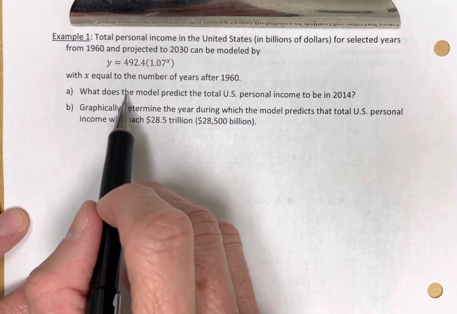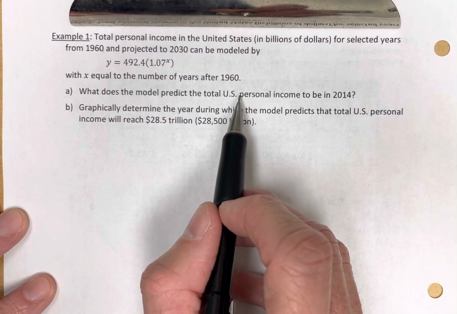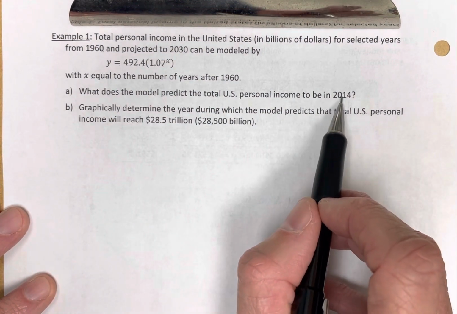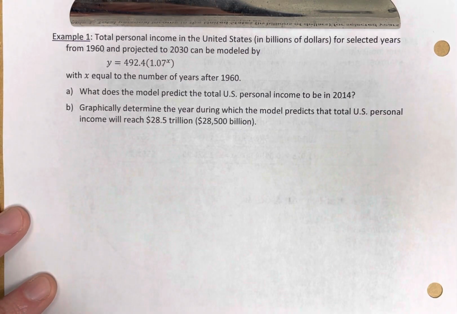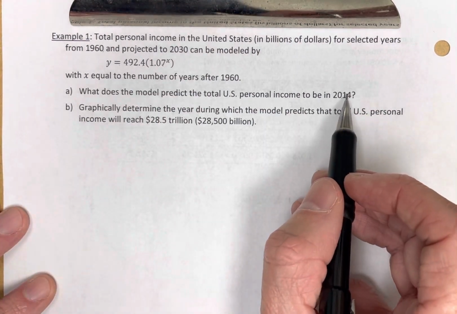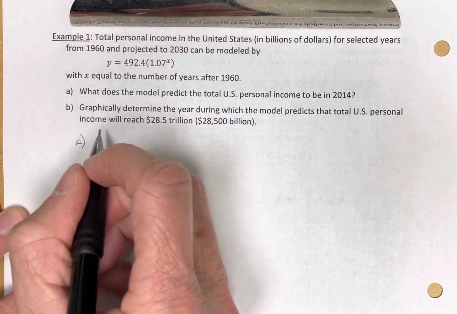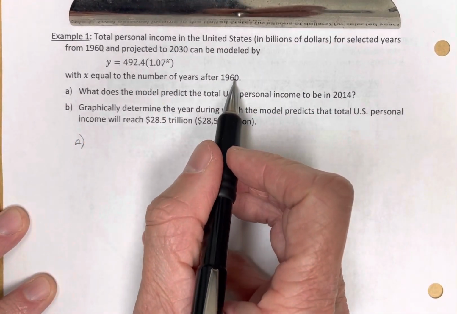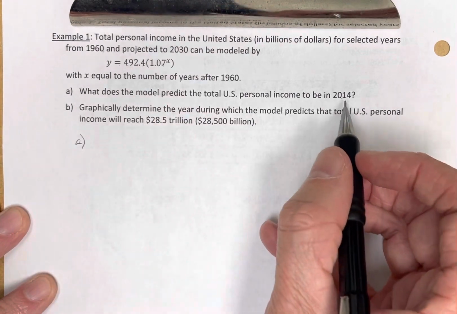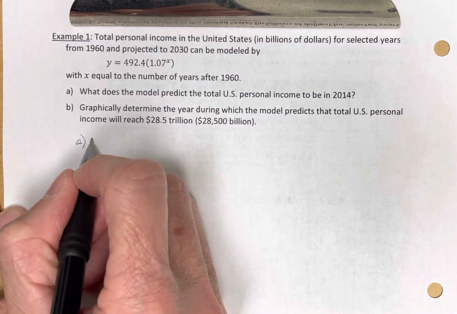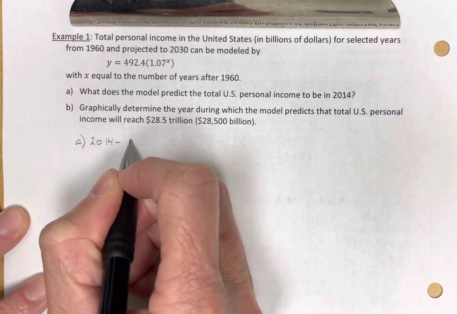Letter A, what does the model predict that our U.S. personal income will be in 2014, or was in 2014? All right. Well, let's see. First, we need to realize that x is the number of years after 1960. So how many years is 2014 after 1960?